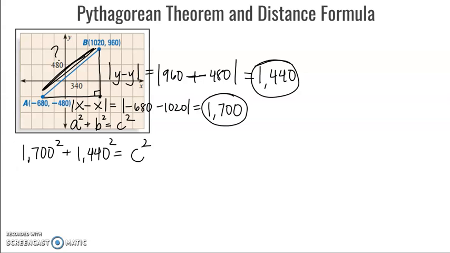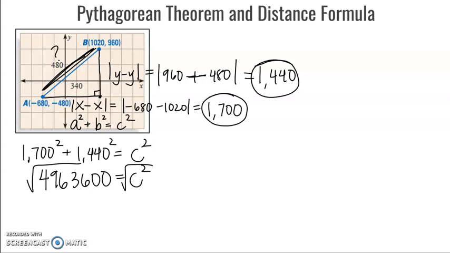Using our calculator, we can then figure out that 1,700 squared plus 1,440 squared gives us 496,360. Our last step in solving for C is to take the square root of both sides.